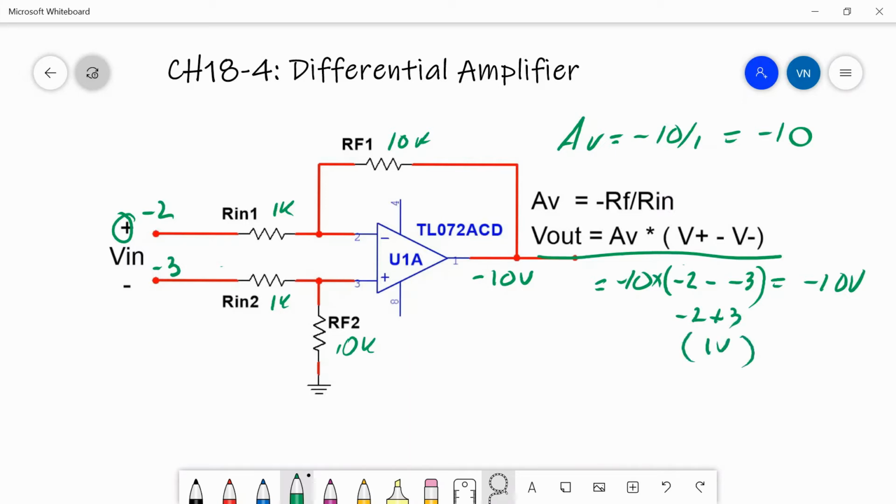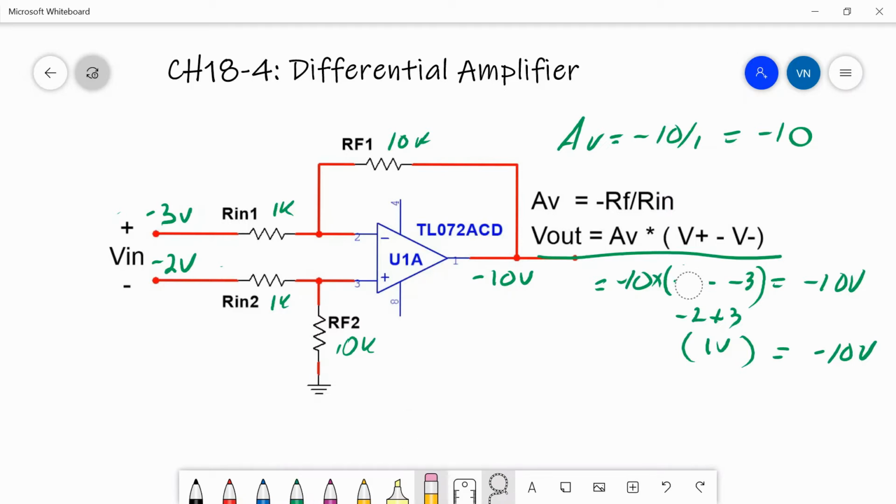The difference between them is 1 volt, where V plus is higher than V minus, so you would still get minus 10 volts out. We can also do an example with minus 3 volts on the positive and minus 2 volts on the negative input. So now V plus is more negative than V minus. What would that work out to?